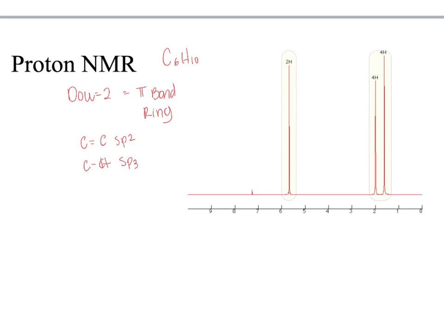Now we can assume that our structure is going to be a 6-member ring with the presence of a double bond, and then we can add the hydrogens to our structure so we can analyze the proton NMR graphic.